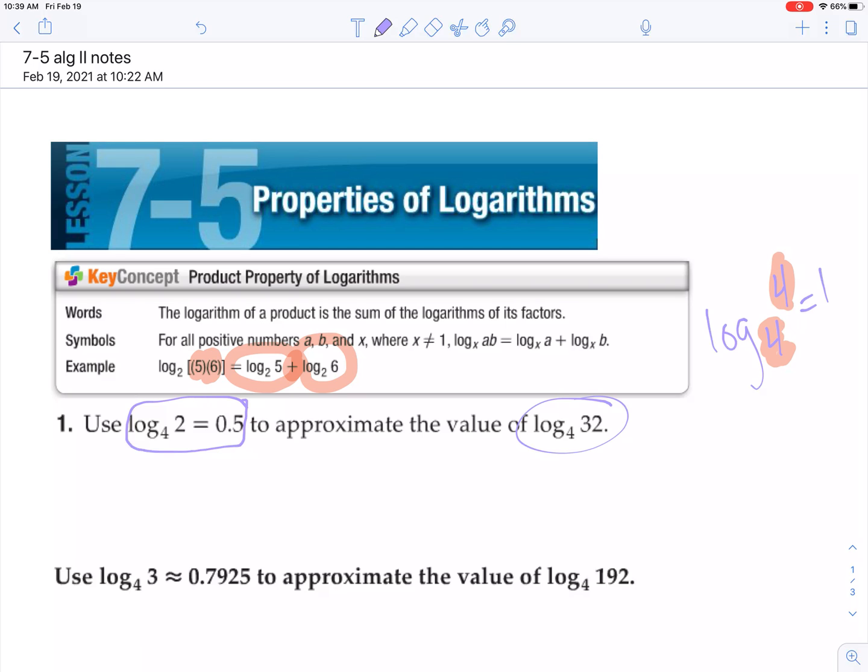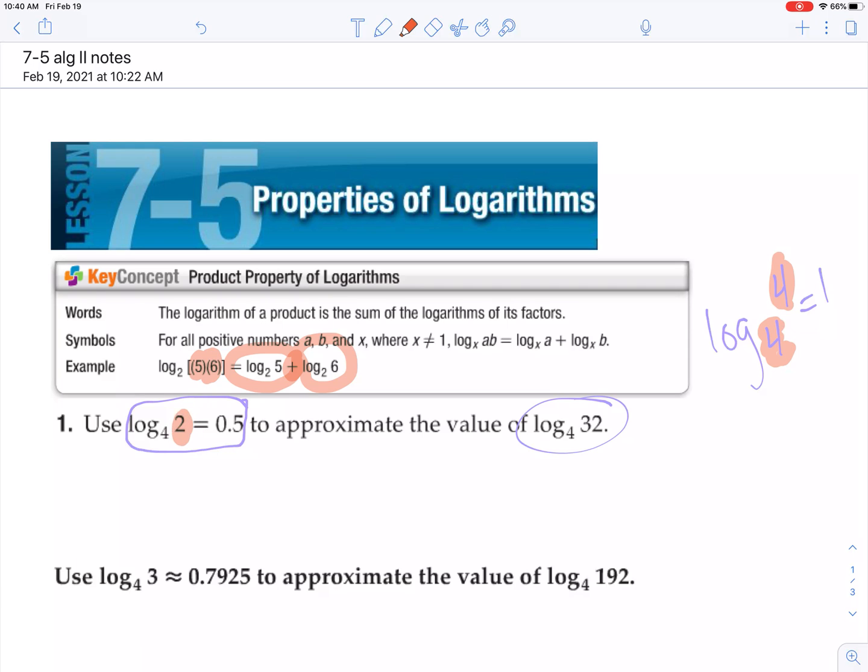You're saying, I have a base 4, how do I make it equal 4? You give it an exponent of 1. So that always works. So really what I have is this log base 4 and then this 2 that I can use.